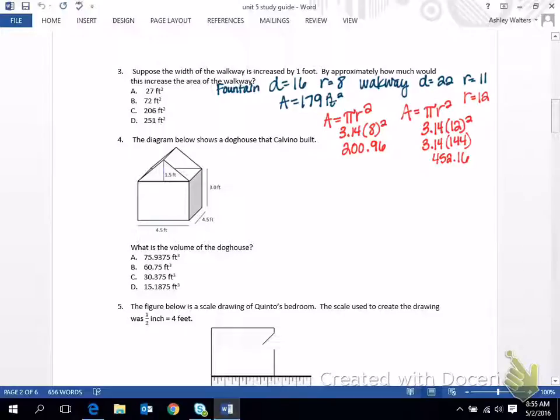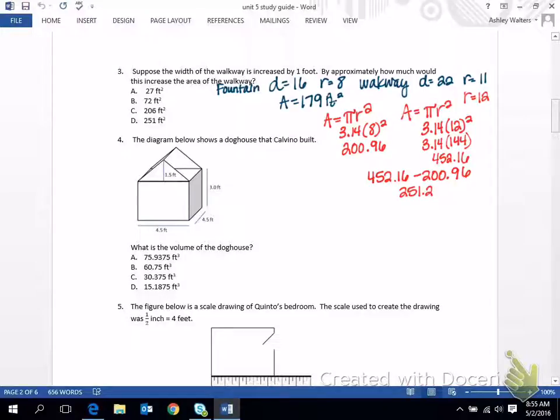We now need to get the new area of the walkway, so we'll take 452.16 and we'll subtract 200.96, which gives us 251.2.